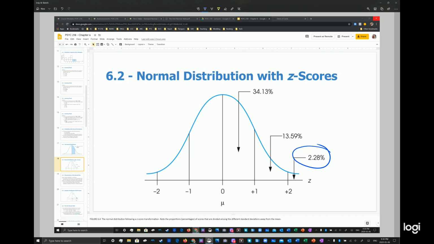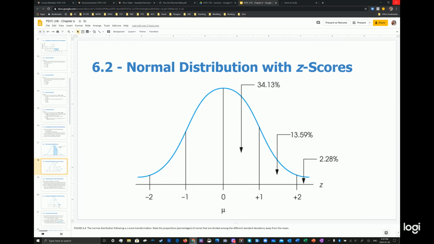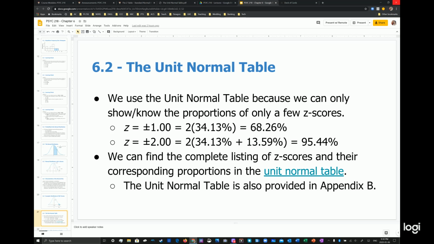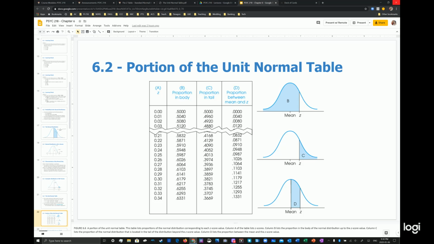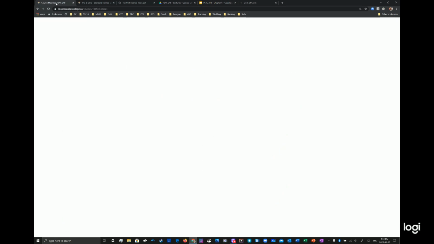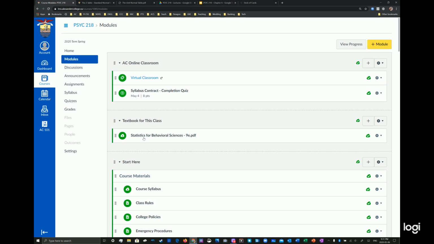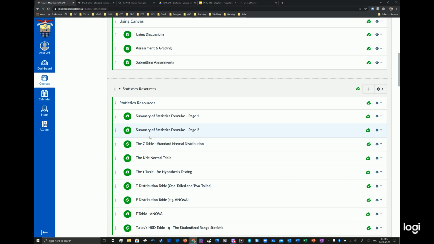So using the unit normal table, we can find the same value using more consistent techniques than just this table or this distribution. So here is what a unit normal table looks like. And you can find this in our Canvas modules. If you're taking this class at Alexander College, you can go to our Z table and unit normal table.